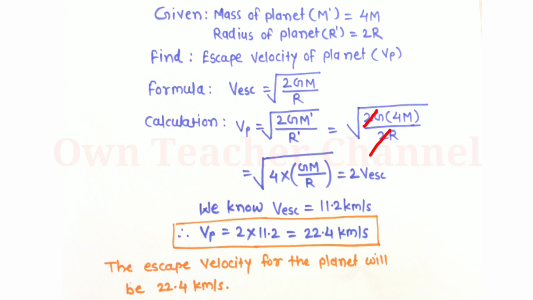Now the remaining part we will take as root 4 into GM upon r, which is equal to 2 times escape velocity. We know escape velocity is equal to 11.2 km per second. So 2 into 11.2 is equal to 22.4 km per second. The escape velocity for the planet will be 22.4 km per second.